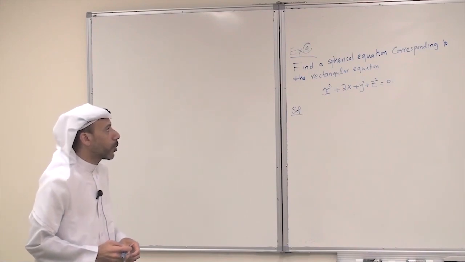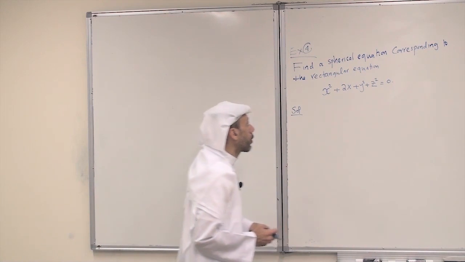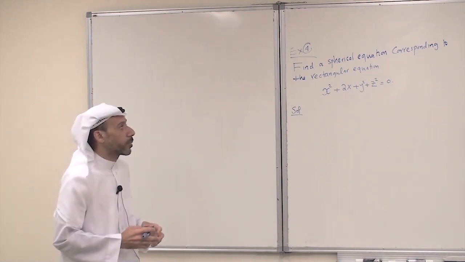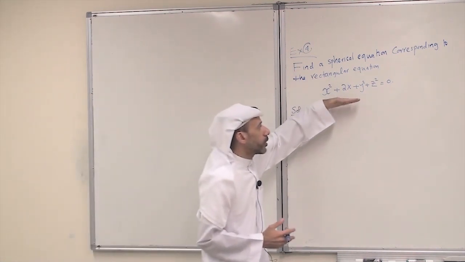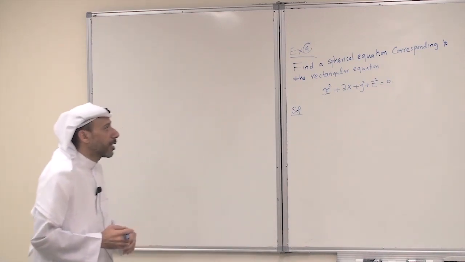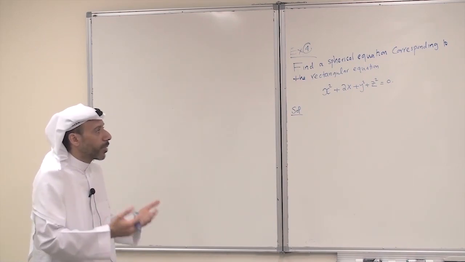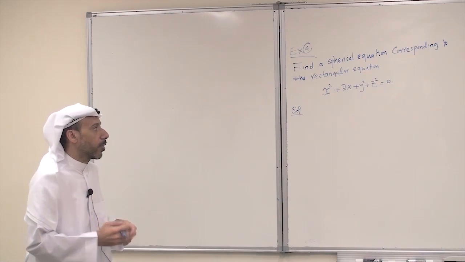We consider now the following problem. Find a spherical equation corresponding to the rectangular equation x squared plus 2x plus y squared plus z squared equal to 0. Here we need to change this equation to spherical coordinates. This is not difficult, just replace x, y, z by their corresponding relations in spherical coordinates.